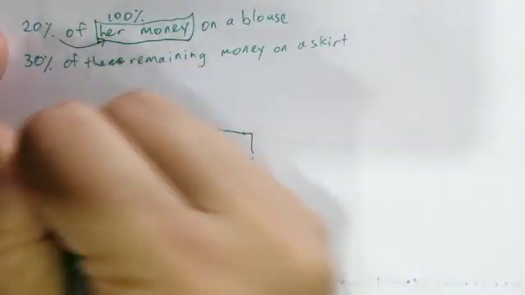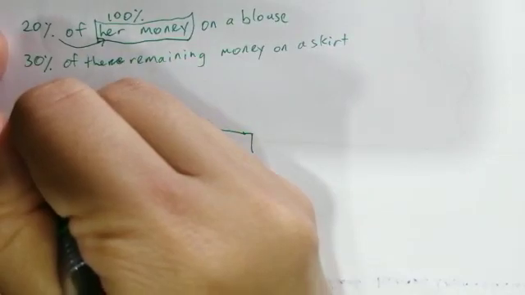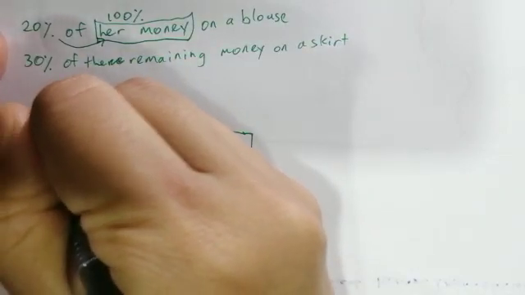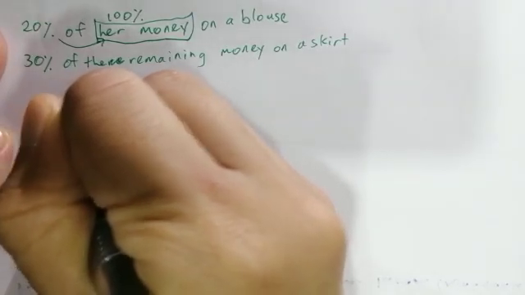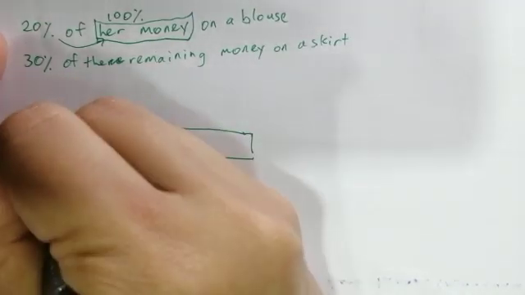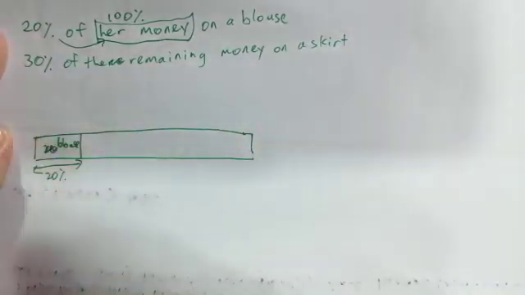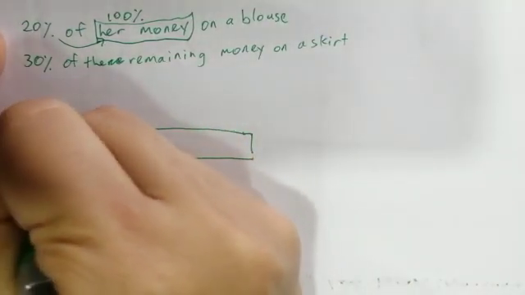So 20% will be on blouse. Right, this is 20%. Right, and which is $35. And this one would be 100%.